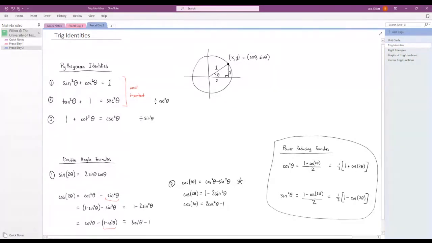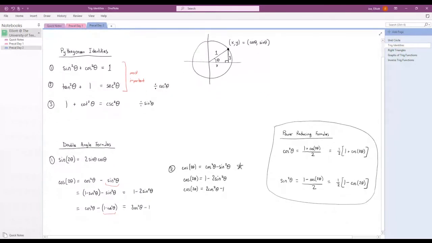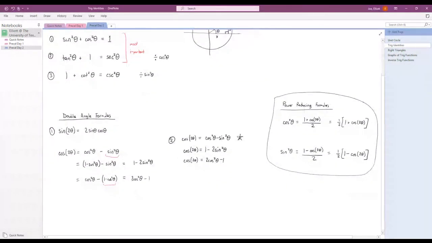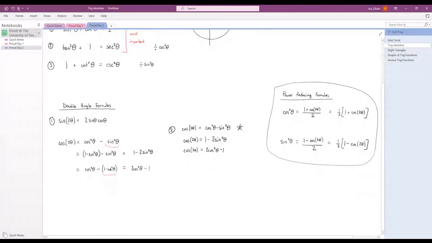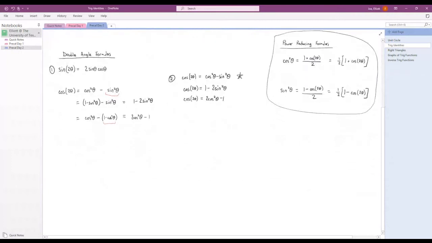I'll do at least one example where I use one of these identities to accomplish something. I've got a couple of examples, but let's just stick with one for now.